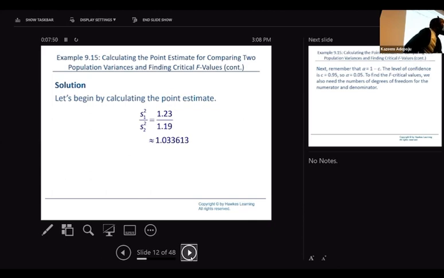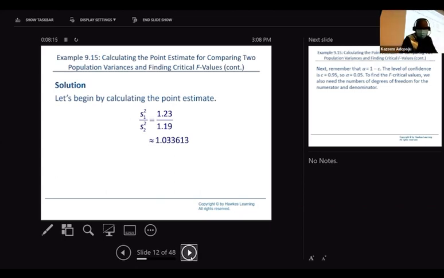Looking at a value like this, we know that the ratio is not equal to 1, but we don't know whether it is statistically significant. The only way to investigate whether it is statistically different from 1 is to construct an interval.